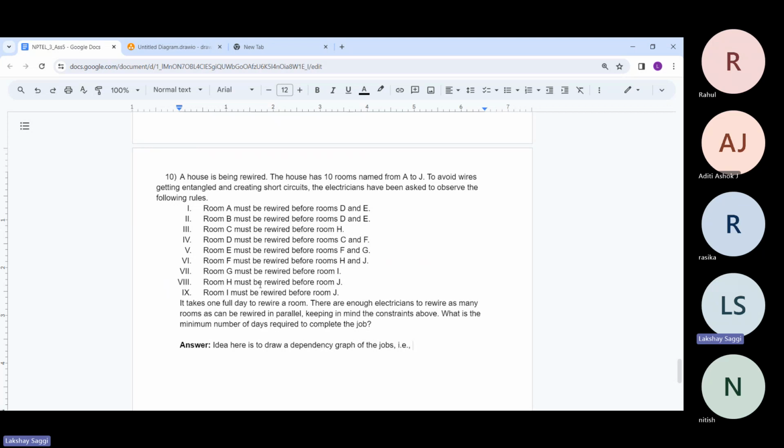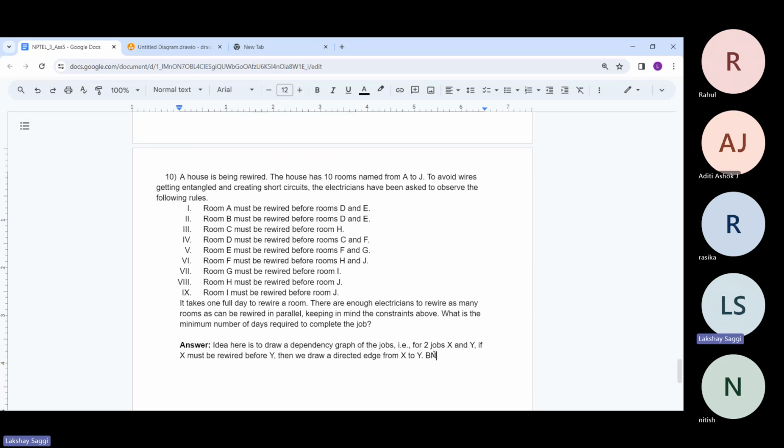This dependency graph means that for two jobs, let's say the jobs are generally X and Y, if X must be rewired before Y, then we draw a directed edge from X to Y, right? So if X must be rewired before Y, then we draw a directed edge from X to Y.